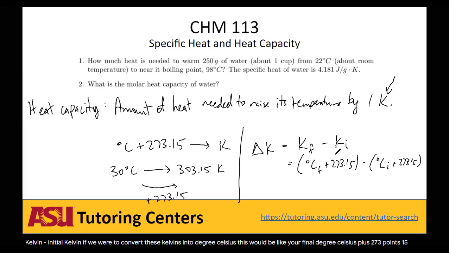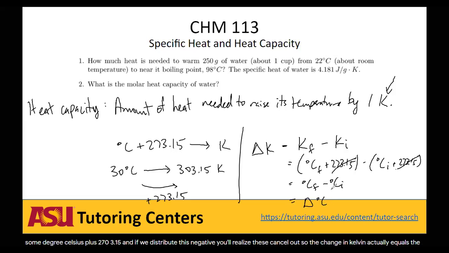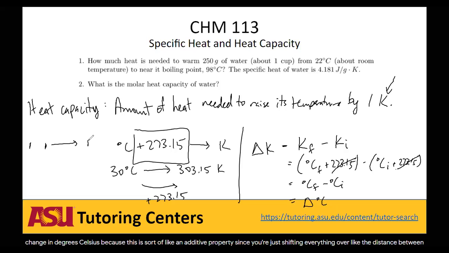And if we distribute this negative, you'll realize these cancel out. So the change in Kelvin actually equals the change in degrees Celsius, because this is sort of like an additive property. Since you're just shifting everything over, the distance between the Celsius values is the same distance over here in Kelvin world, right?